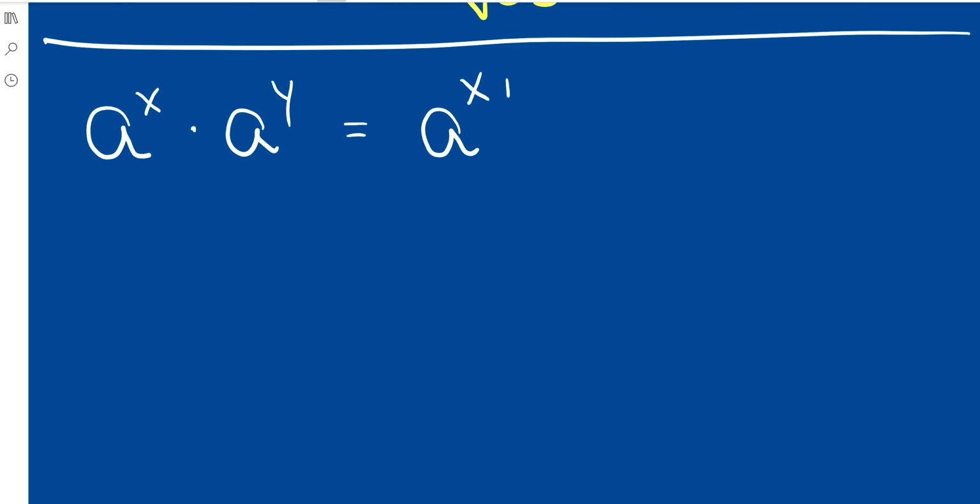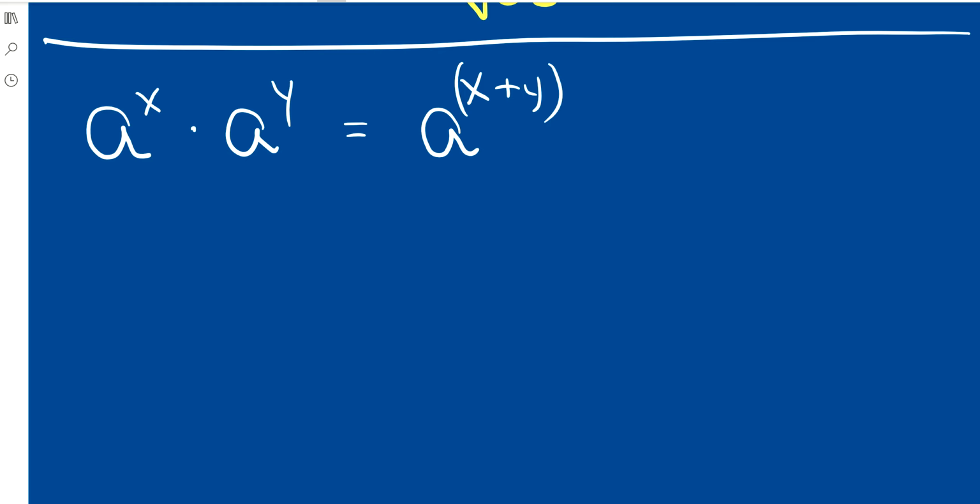So if I have a to the x times a to the y, then my answer for this is going to be a to the x plus y, where we add the exponents up together. Okay, that's the product rule.